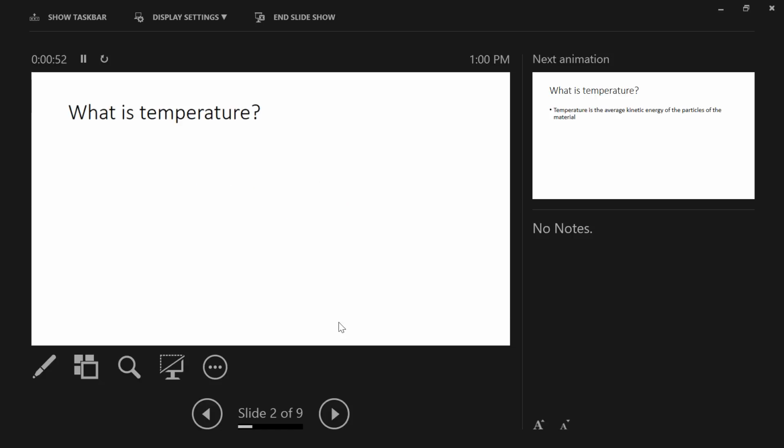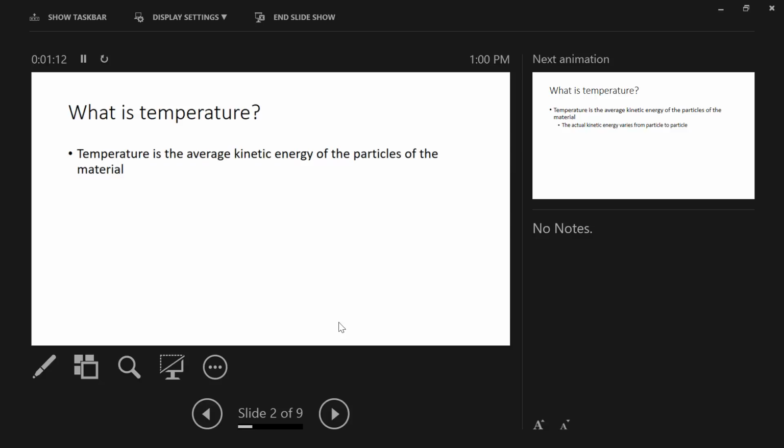All right. So the first question we need to address is this. What is temperature? Notice I didn't ask what is the temperature, but what is temperature? When we talk about the temperature of something, what do we even mean?